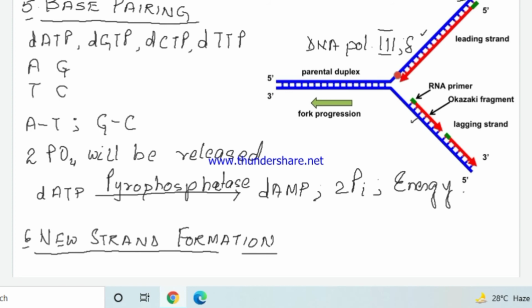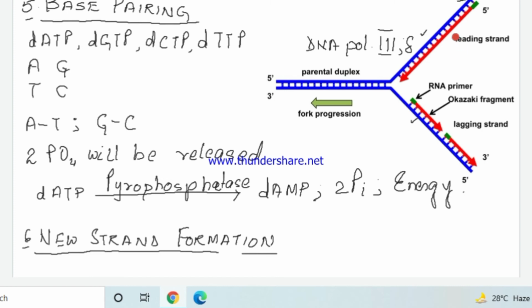Thus, the parent DNA strand unzips further to expose new regions for chain building. And in this way, a continuous strand is formed on the 3' end of the DNA chain. So, this strand is called the leading strand.